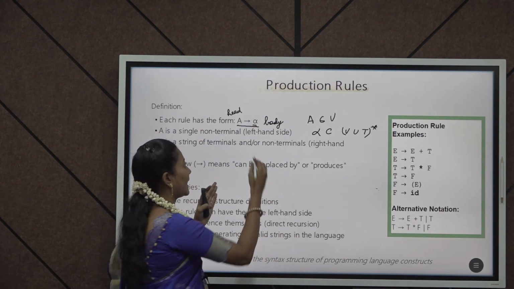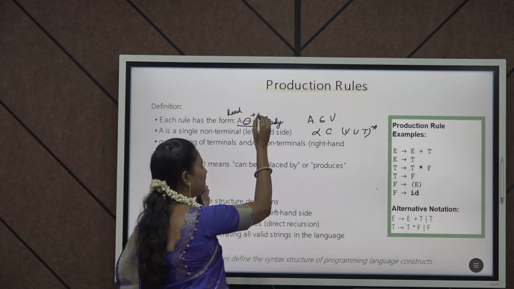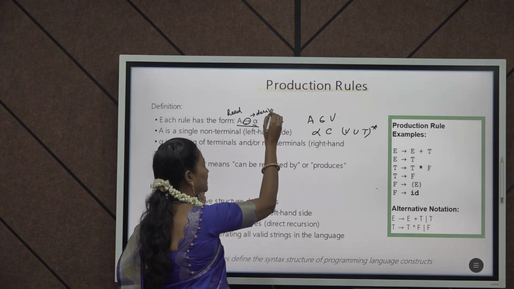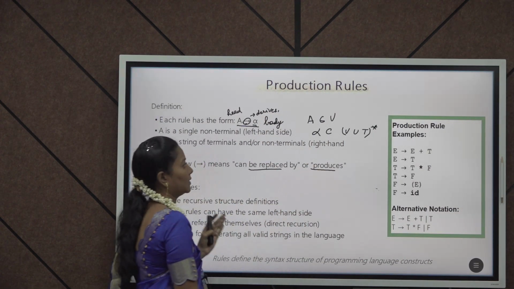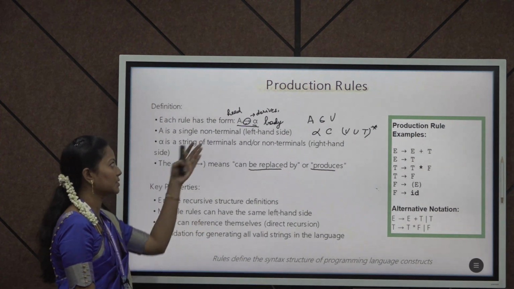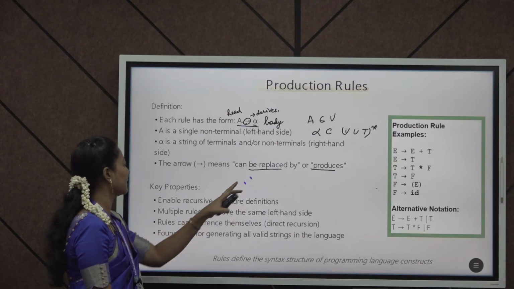The arrow implies can be read as derives, produces, or can be replaced by.